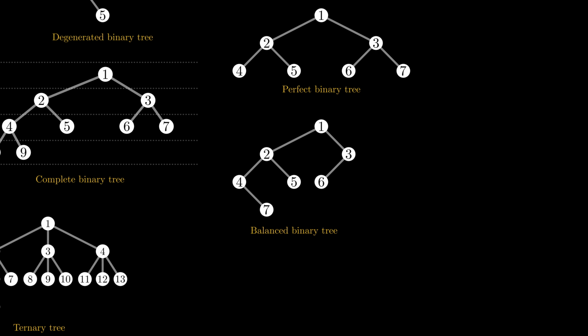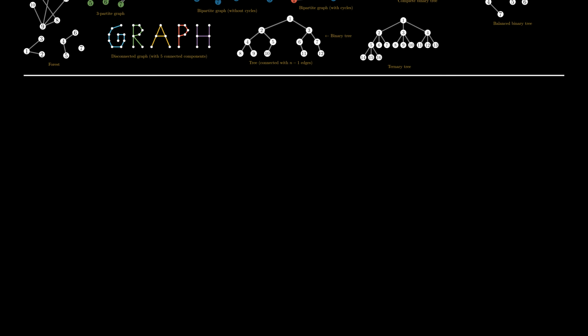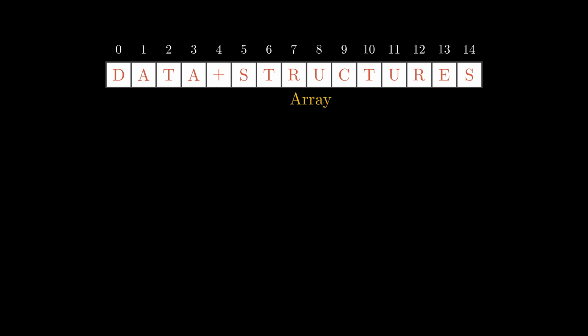Maybe you are asking yourself why binary trees are so important. To understand this, we have to consider a few basic data structures, starting with the array. An array is a simple data structure that stores a collection of elements, each element identified by an index. Very important for us, especially in the context of the graph traversal algorithm DFS, is the so-called stack.